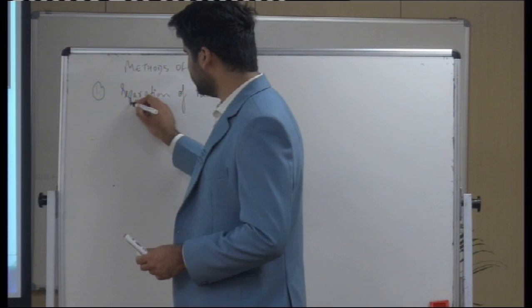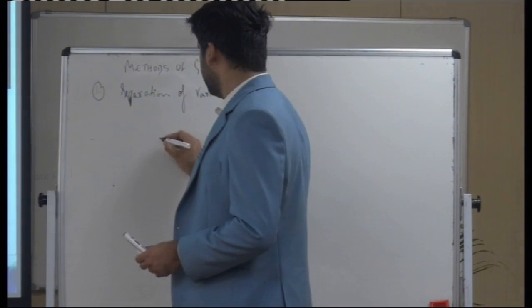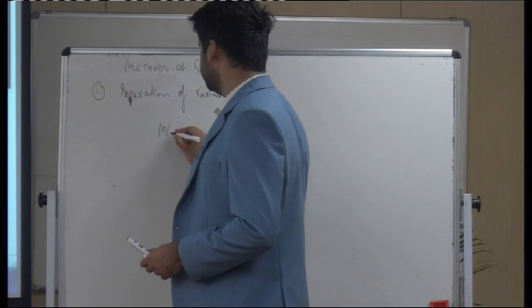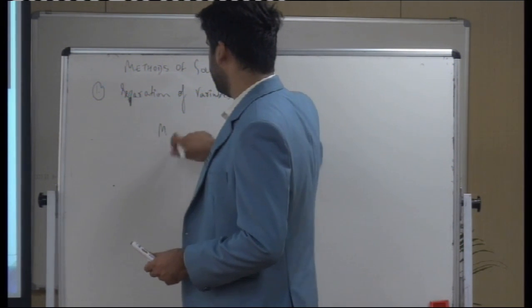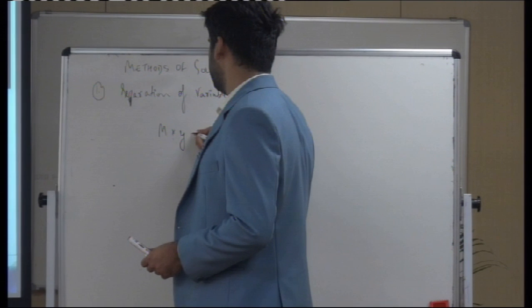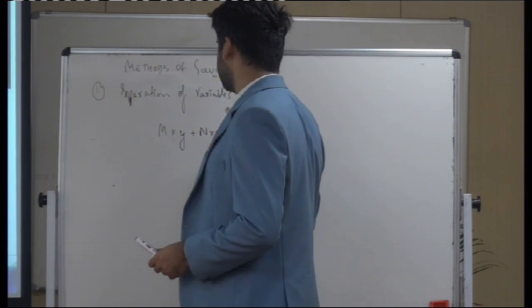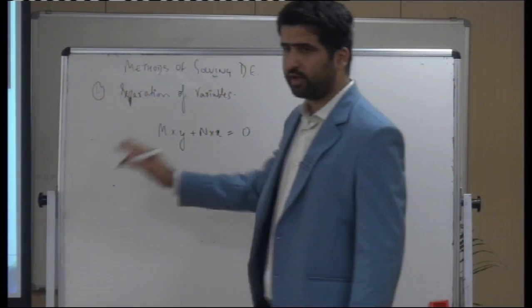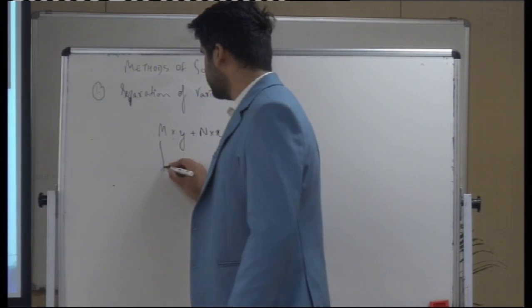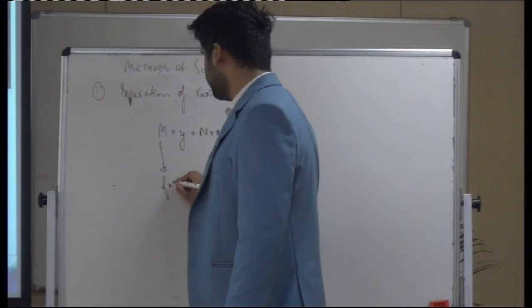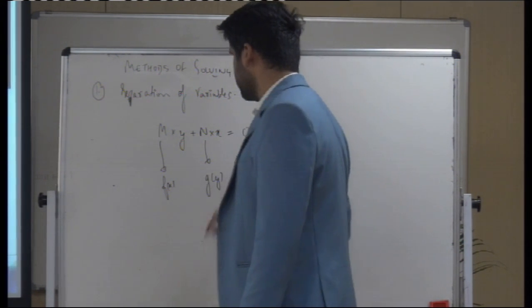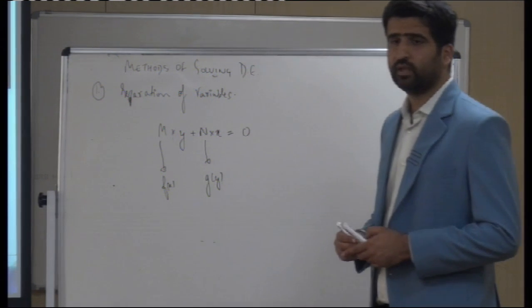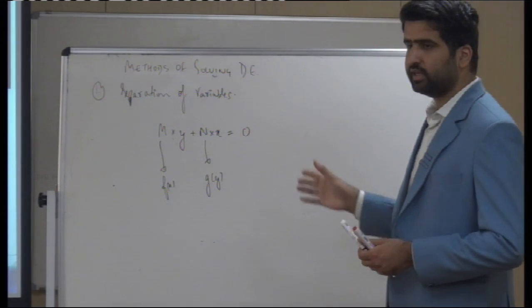So what happens in this case? It's a very simple one. Let's suppose m into y plus n into x is equal to 0. If you have an equation like this, where m is some function in x and n is some function in y, what will we do in this case? Separate the variables, right?